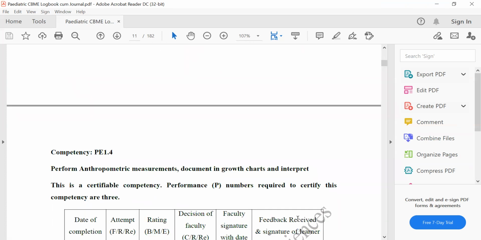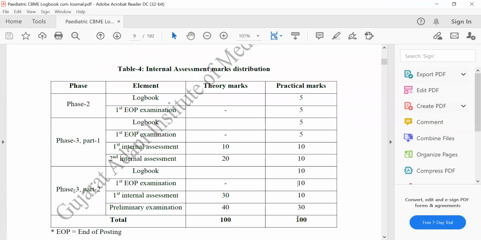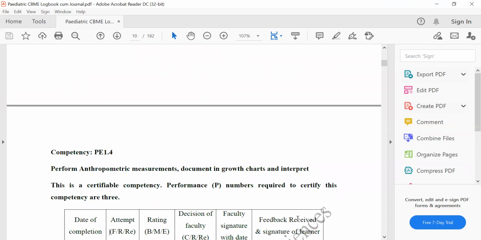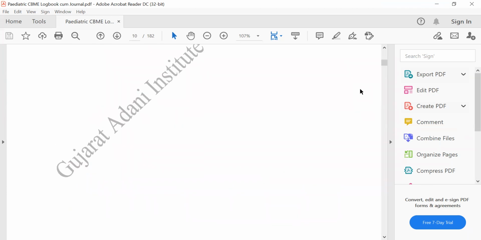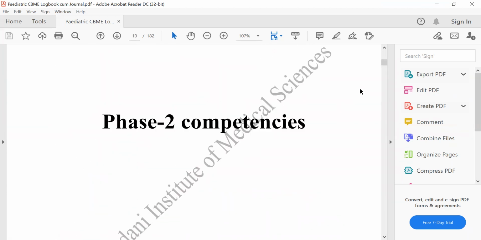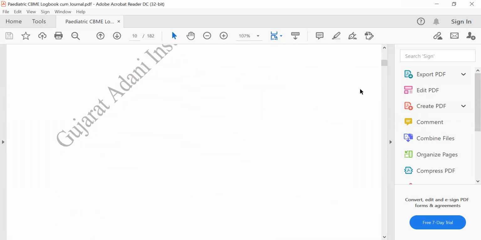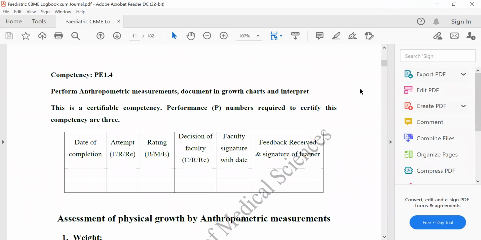Now I am going to show you all the competencies, as I have divided according to the phase. So this is phase 2 competency. For phase 2 competency number P1.4, a student has to perform the anthropometric measurement, document it in the growth chart and interpret.